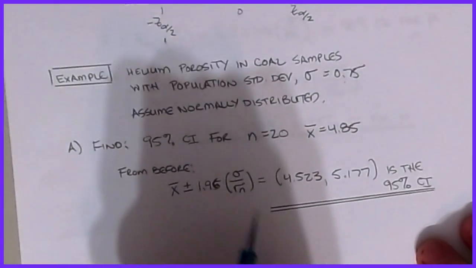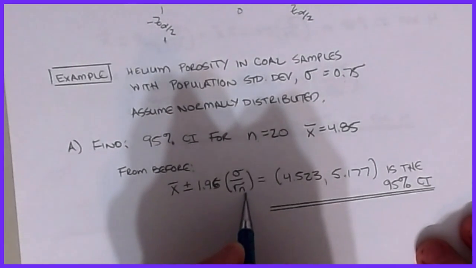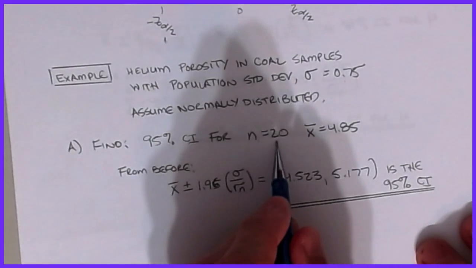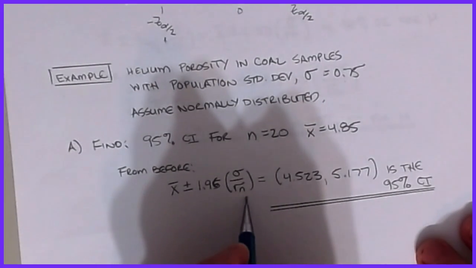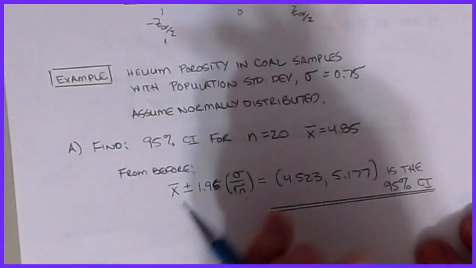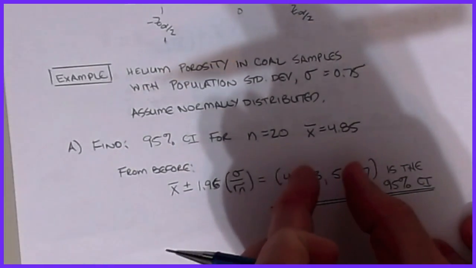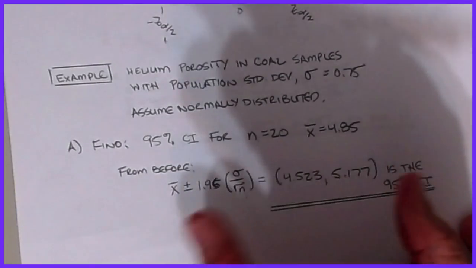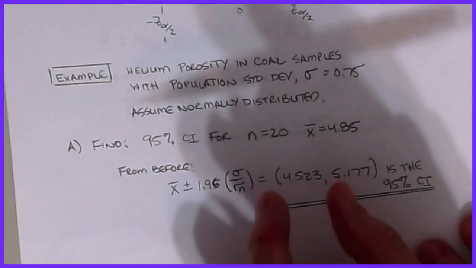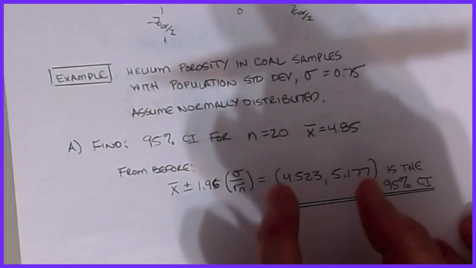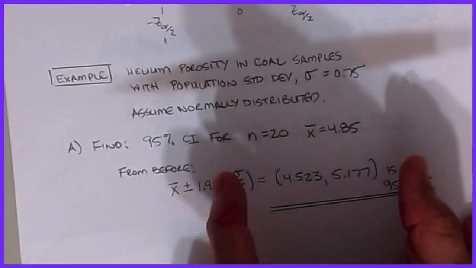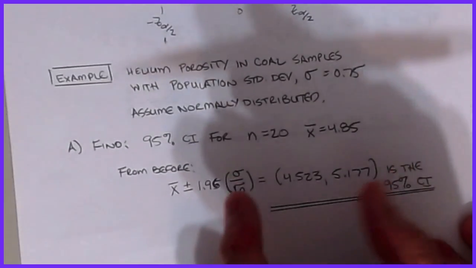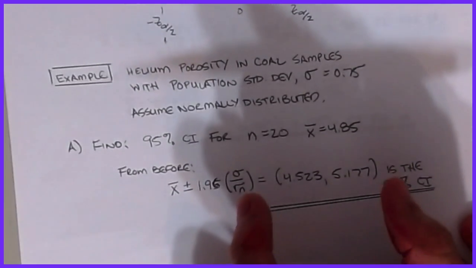Now if you look at what happens to n in this, if I raise it to, say, 50, what's going to happen to my interval? These two numbers get closer and closer together, and the tighter things are, the more accurate we say it is. One of the calculations we'll do on the next page has to do with finding the width of this confidence interval, which is a measurement of the accuracy of the calculation.